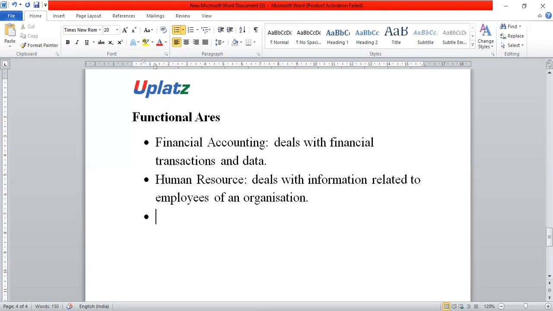Next functional area is customer relationship management.